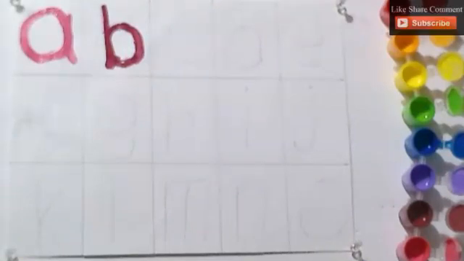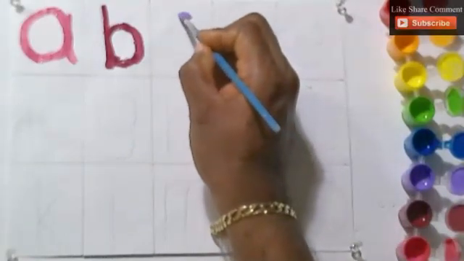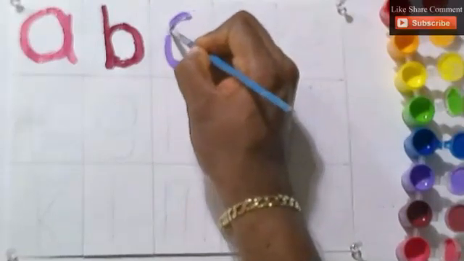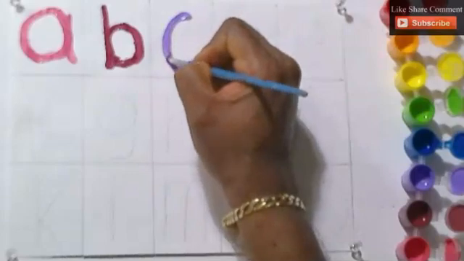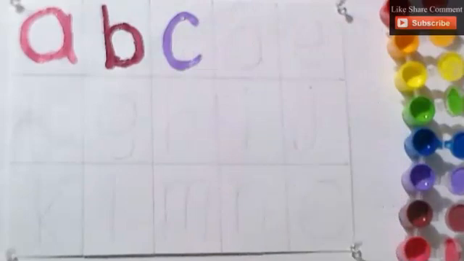We'll then write the letter C. We'll use the purple color for the letter C. What comes after the letter C?